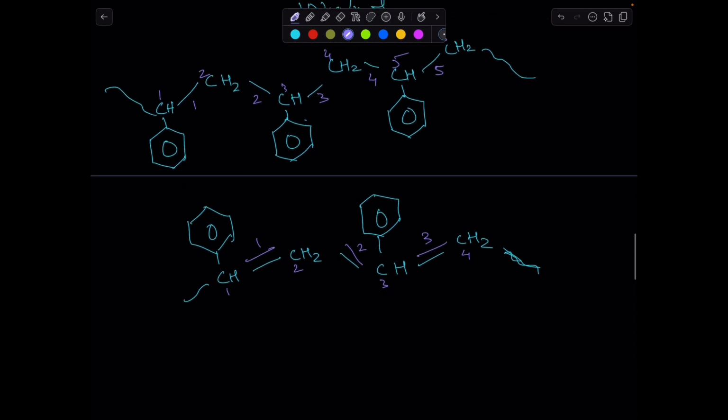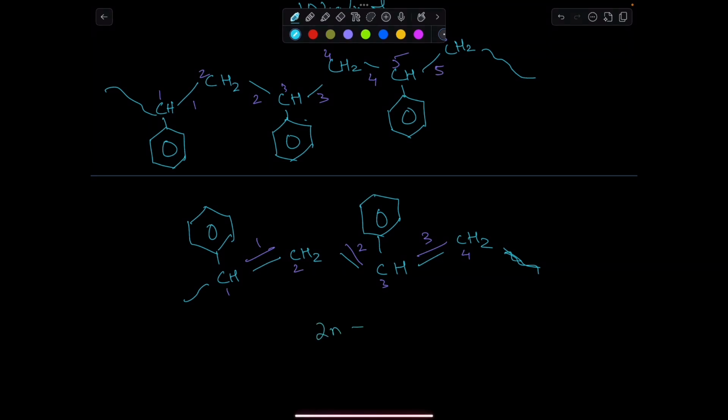So we can see that the number of bonds is 2n minus 1, where n is the number of mers.